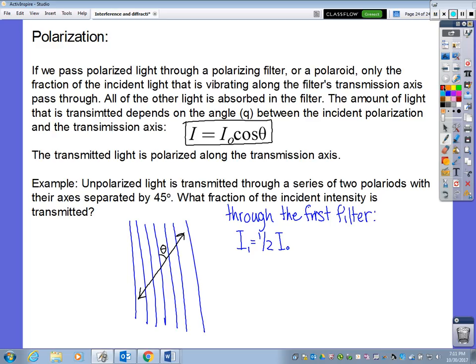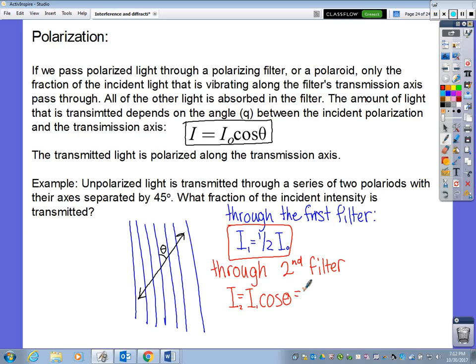Oh, let's change colors. Through the second filter, I'll say I2 is going to be I1, the intensity that got through the first filter, times cosine of theta. But I1 is 1/2 I naught.